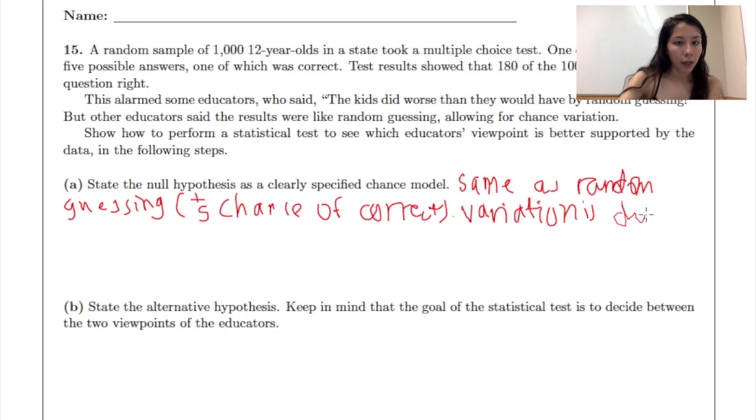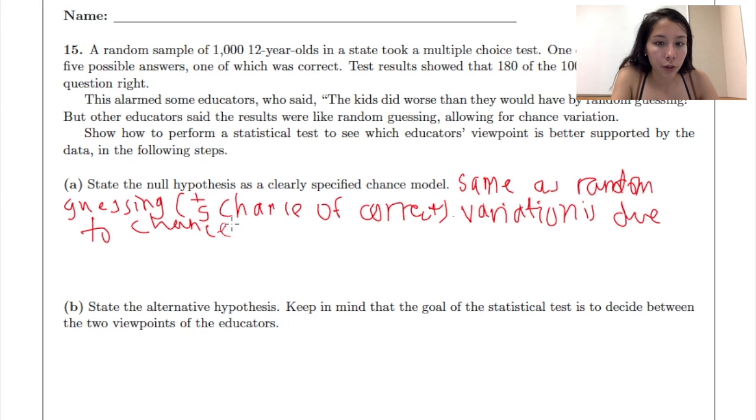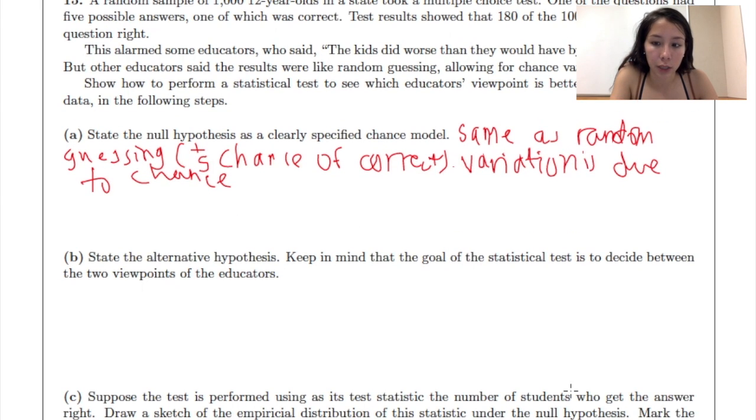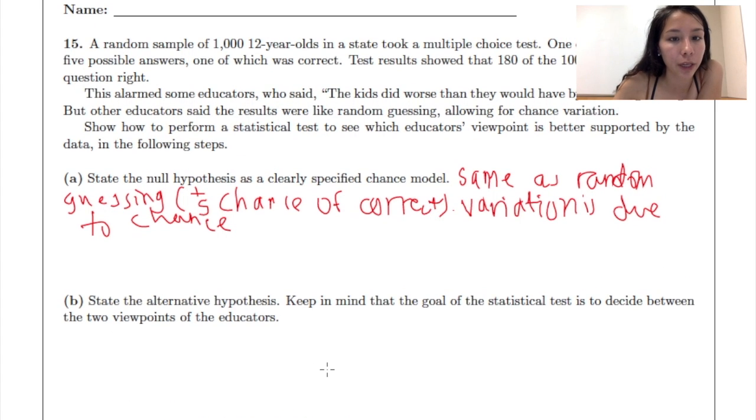Okay. And for the alternative hypothesis, we also want to keep in mind that the goal is to decide between the two viewpoints of the educators. So this alarmed some educators who said that they did worse. So we want to be saying that they specifically did worse, as opposed to doing better or worse.